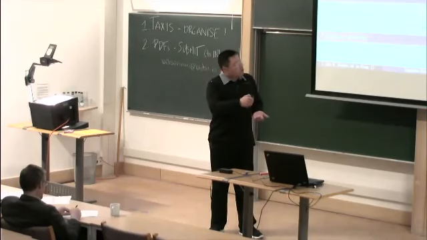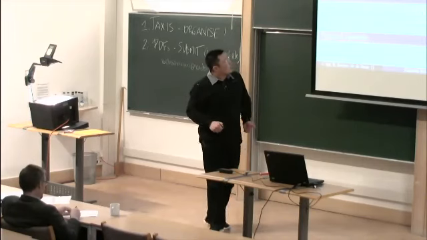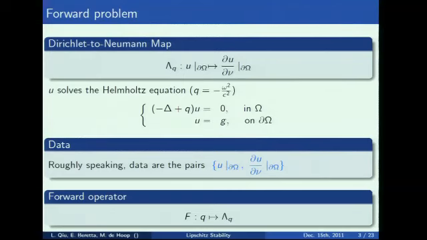So the Helmholtz equation becomes a Schrodinger type equation. The forward problem is defined like this, from q to the corresponding Dirichlet-to-Neumann map, Lambda_q. The corresponding inverse problem is to determine q from a given Lambda_q.